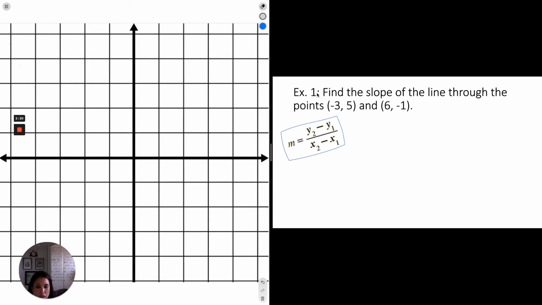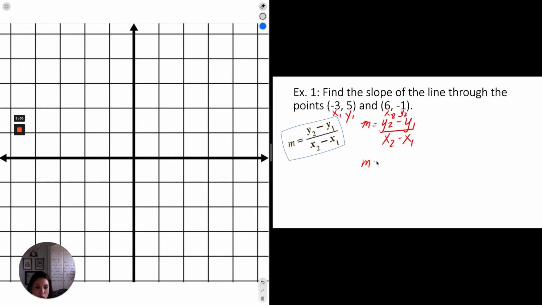So example 1 says find the slope of the line through the points (-3, 5) and (6, -1). So let's write down this equation. m, which means slope, equals y2 minus y1 divided by x2 minus x1. So first, before I do anything, I'm going to label with my subscripts x2, y2.